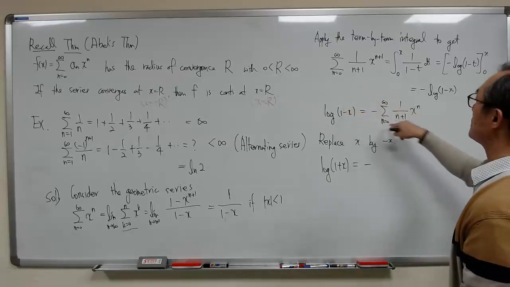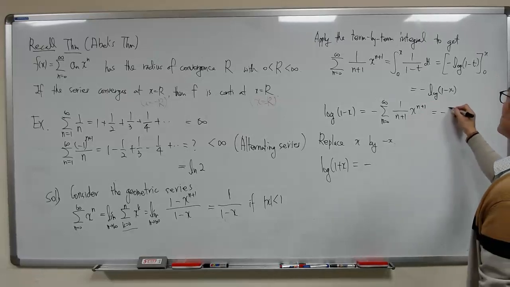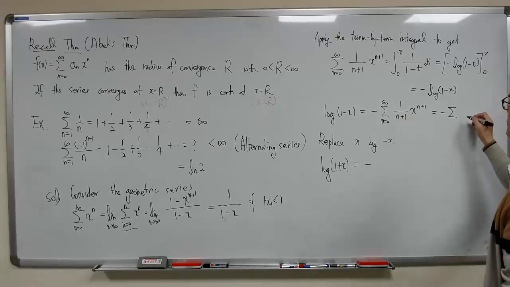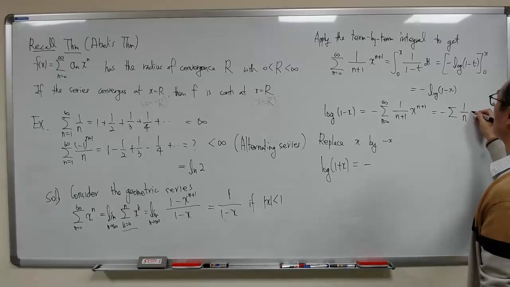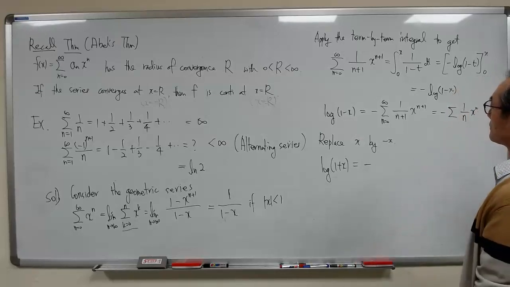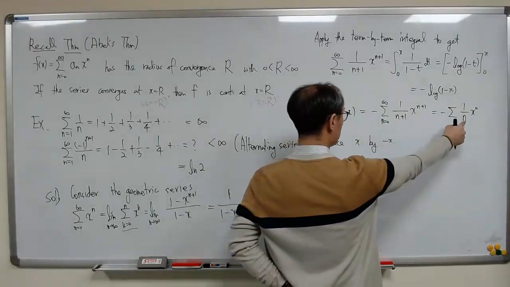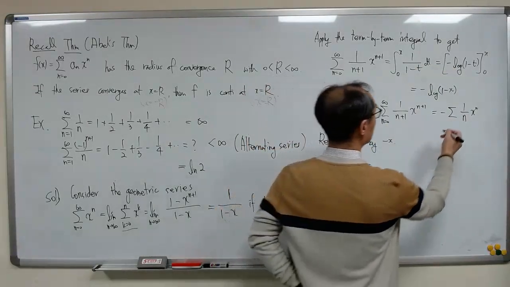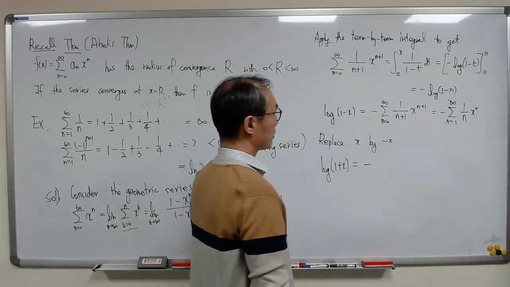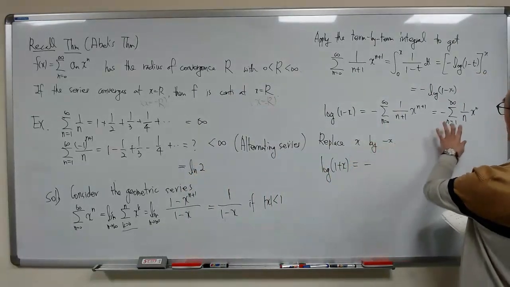I forgot to put plus 1 here, and this expression can be written, by using the index shift, as 1 over n times x to the n. Here the index n starts from 0, and if we apply the index shift like this, the range for the index n becomes 1 to infinity. Then I'm going to replace x by minus x in this expression.